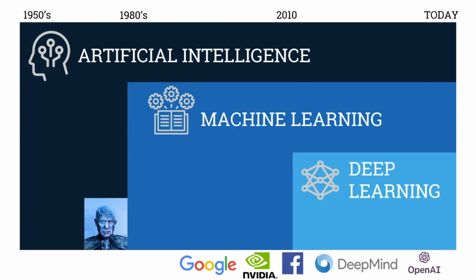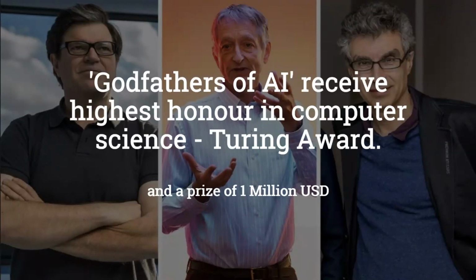And then after 2010, deep learning started becoming more popular again, because it was more feasible now with the extra compute power that we started getting. Two days back, I don't know if a lot of you heard this news, but these three folks got a Turing Award. Yes, the same Turing that we heard of before.